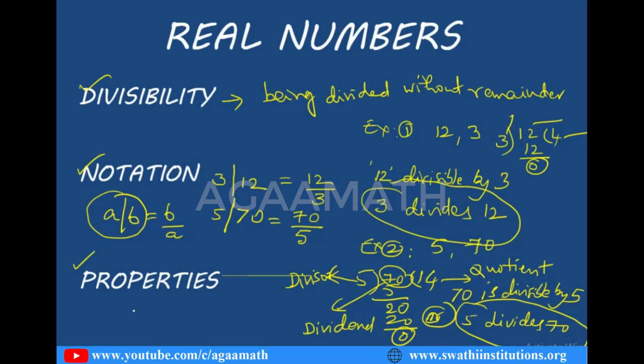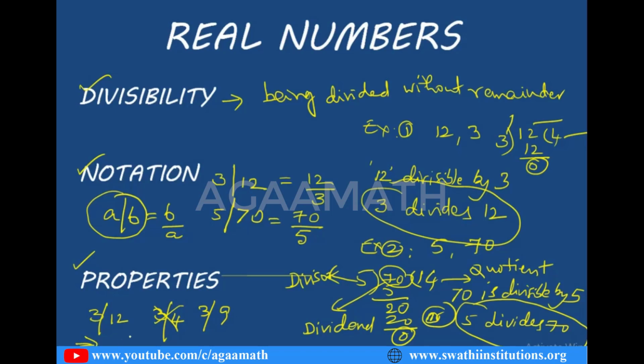Now, divisibility properties. For example, 3 divides 12. We know this is true. And 3 divides 4, we know this is wrong. 3 divides 9. So 3 divides 12 and 3 divides 9.